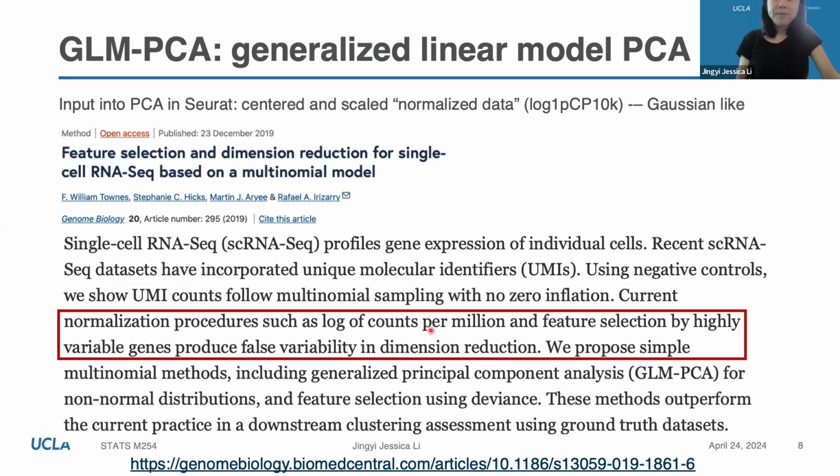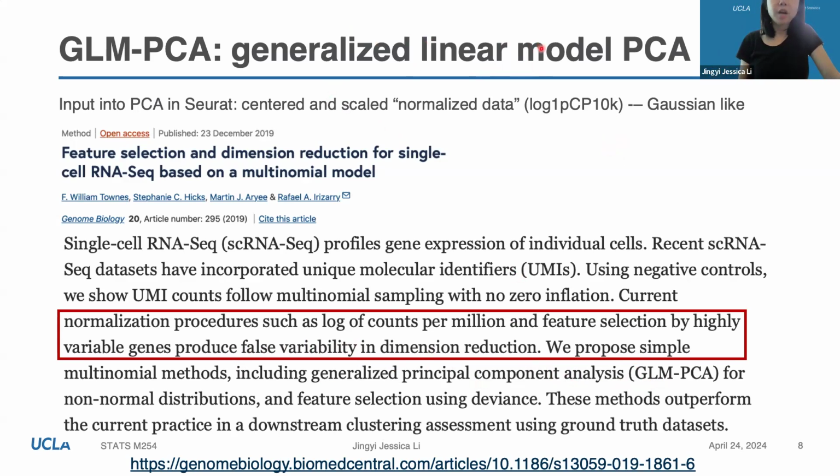Log1p CPM and feature selection by the highly variable gene procedure. This is exactly what we have in Seurat. They produce false variability in dimension reduction. So then the authors propose what they call generalized PCA. But in fact, the GLM stands for generalized linear model, GLM-PCA.